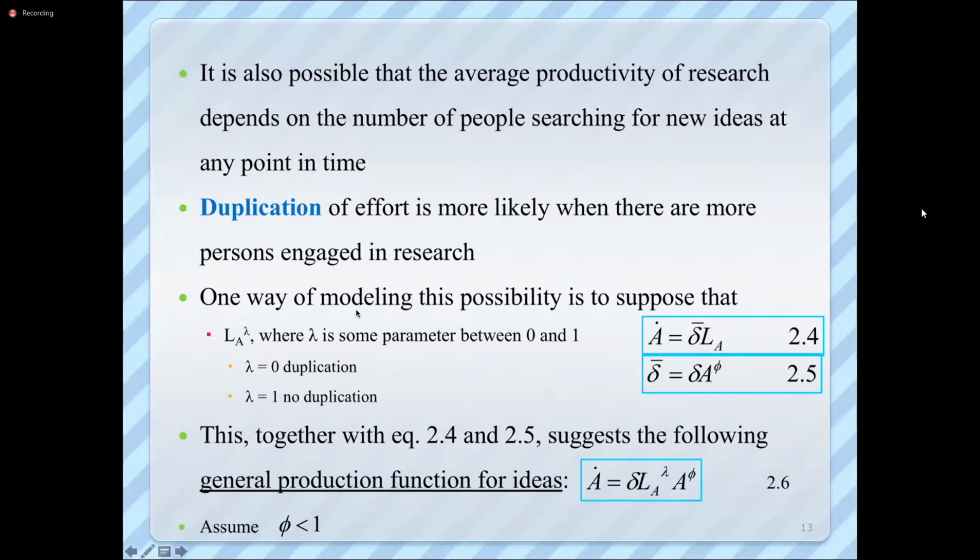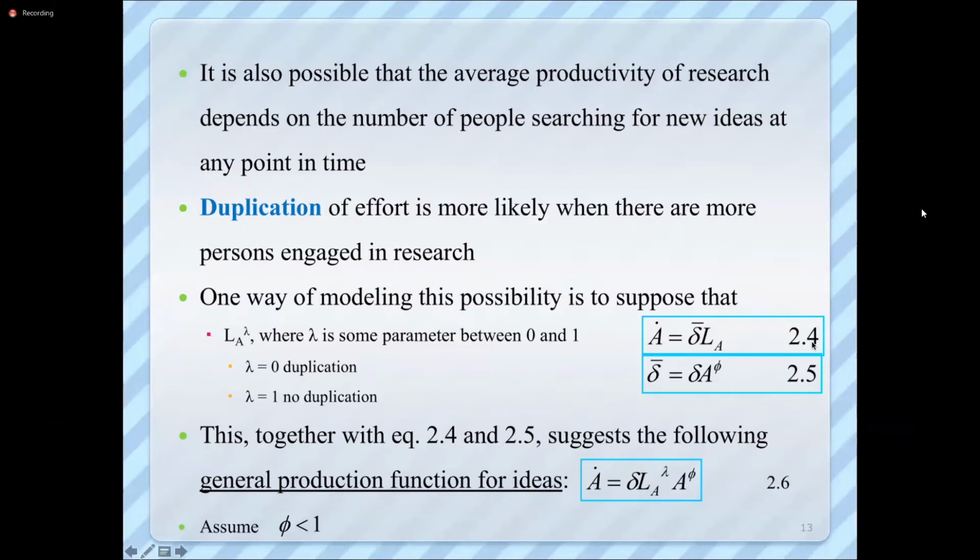So one way of modeling this is, remember, we looked at this variable called LA, the number of labor involved in producing ideas. Now we add one parameter, lambda. This lambda will capture whether there is any duplication in the research being done.